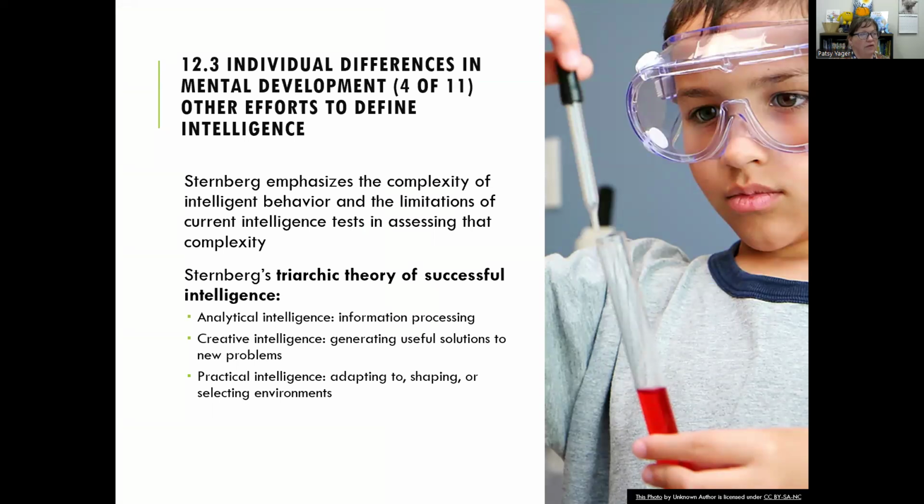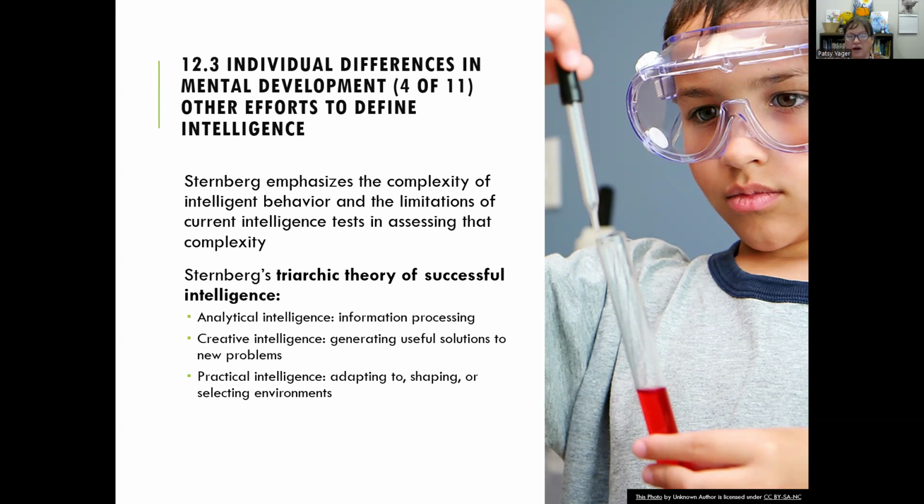All right, so individual differences in mental development and other efforts to define intelligence. Sternberg emphasizes the complexity of intelligent behavior and the limitations of current intelligence tests in assessing that complexity. Sternberg's triarchic theory of successful intelligence includes analytical intelligence, or the information processing.